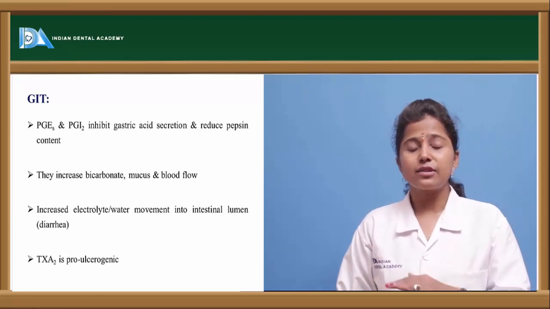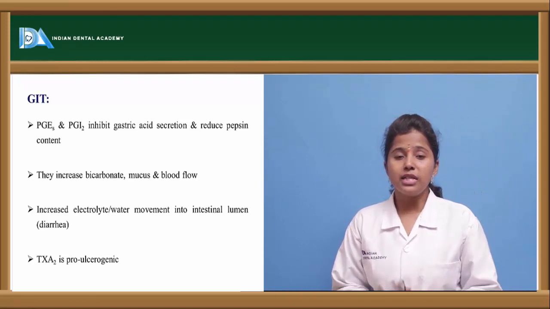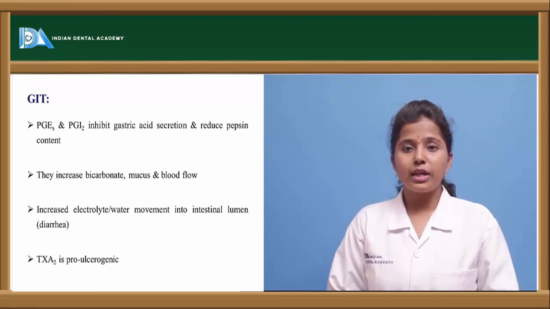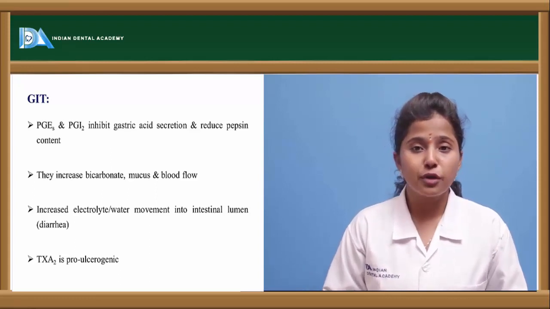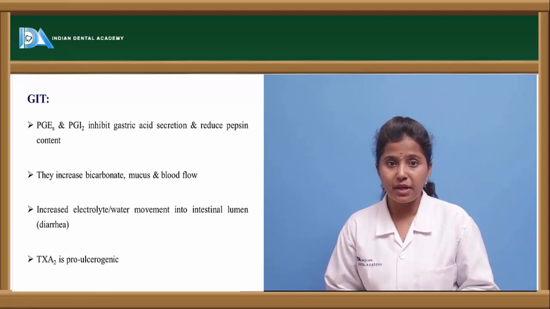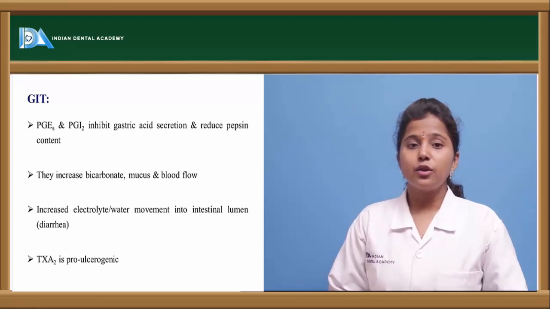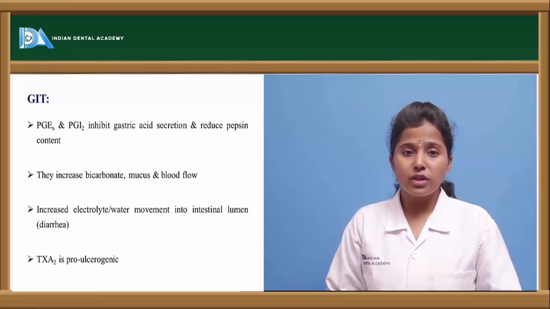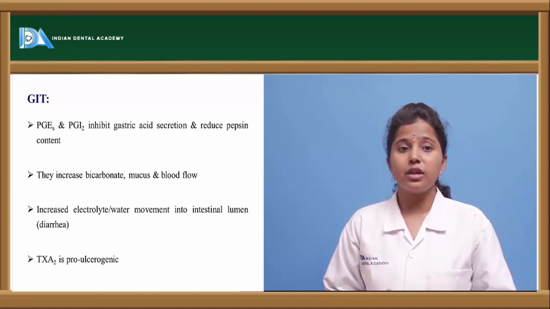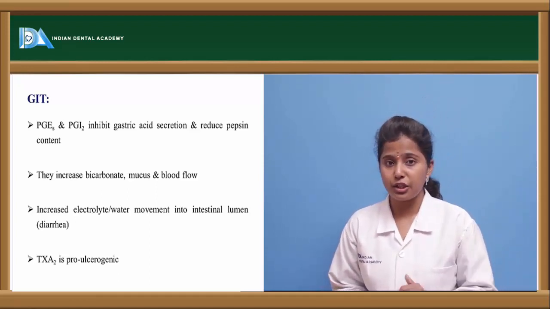In gastric acidic condition, when bicarbonate ion secretion is more, these bicarbonate ions neutralize the HCl present in the stomach, and thereby the acidity can be reduced. When mucus is secreted in adequate amount, then ulcers can be prevented in the GIT.